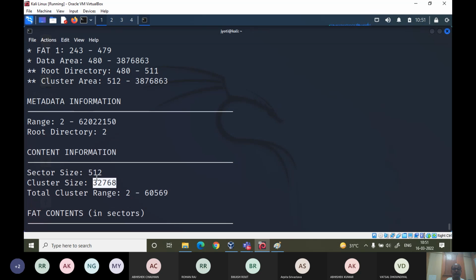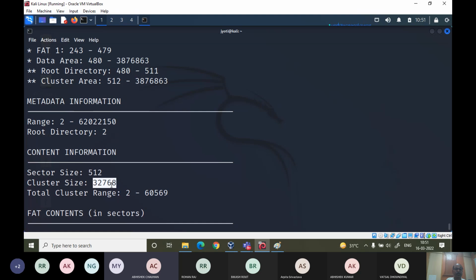This is the minimum space given to one file, because एक cluster तो at least देंगे, और अगर एक cluster देंगे, this will be the size for that particular file. Got it?